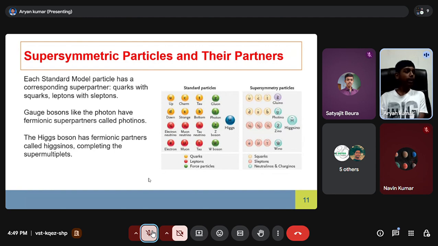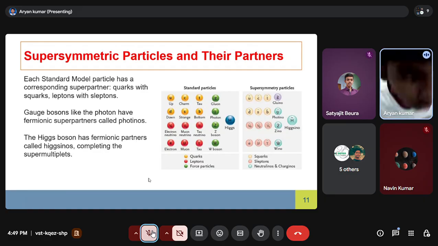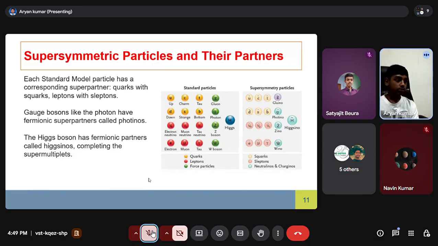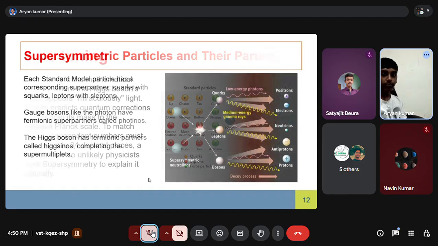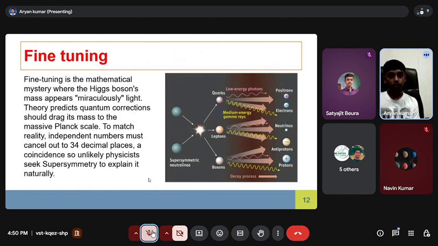It has no electric charge and only interacts by the weak nuclear force and gravity. So that's how supersymmetry helps us, and also gives us a contender for dark matter.